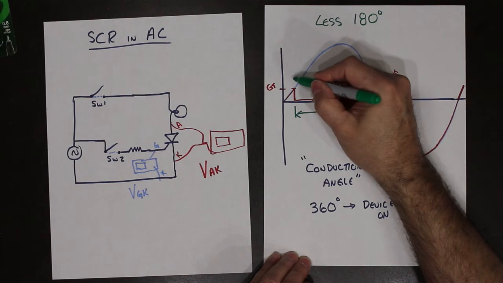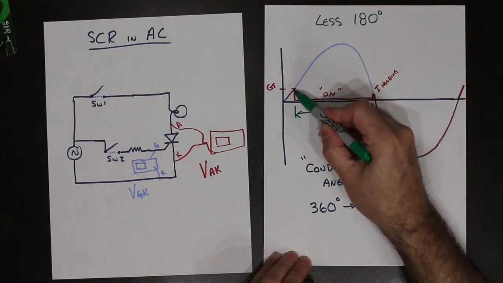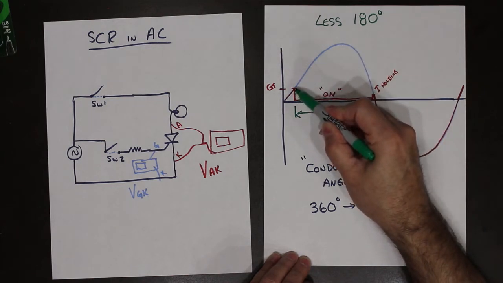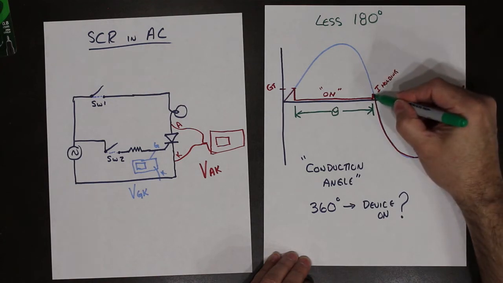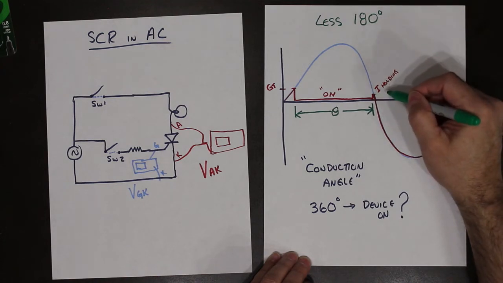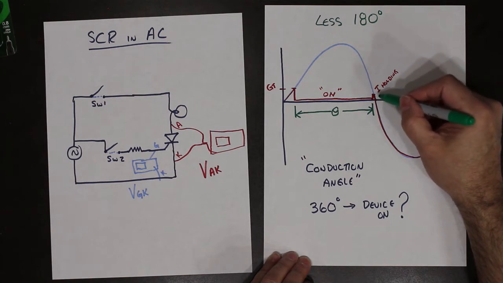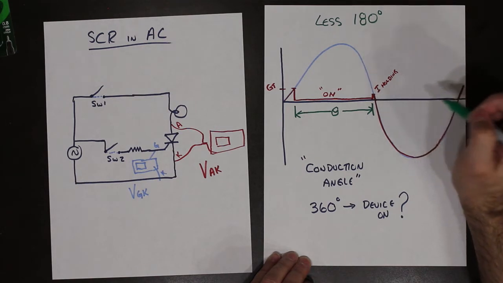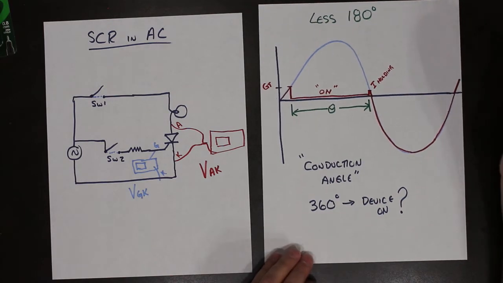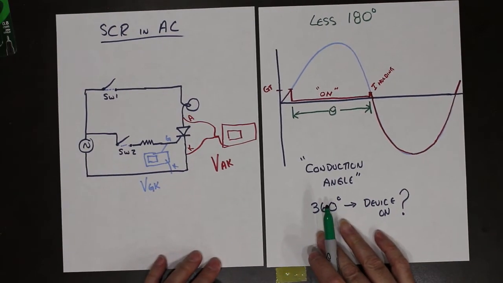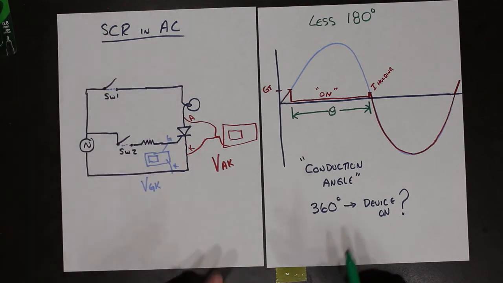So again, we're left with two little spikes. One spike is when the device reaches the voltage that it's able to turn itself on. The second spike is the point at which the current in the device falls below the holding spec and the device turns off. So that is the SCR in the AC environment.